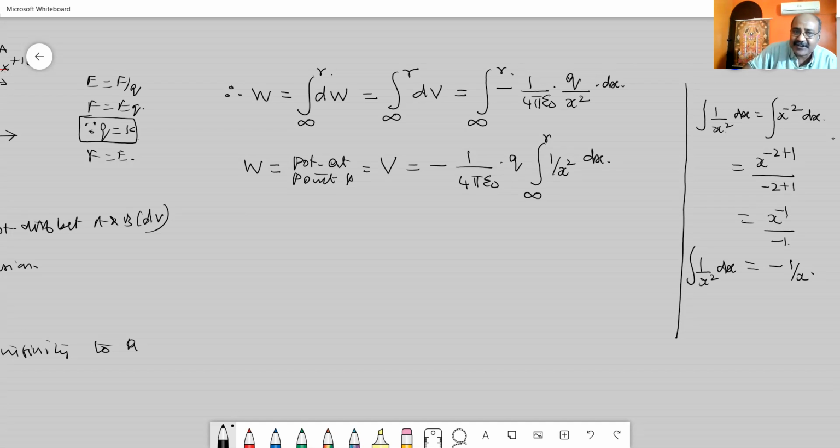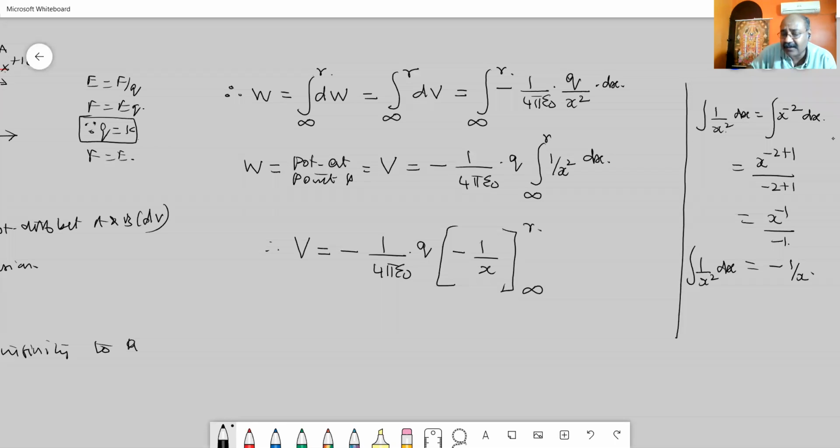Take this and substitute it here. Therefore, the total potential V is equal to minus of 1 by 4 pi epsilon 0 into Q into minus 1 by x within the limits infinity to R. Take this minus to the outside; minus minus becomes plus.